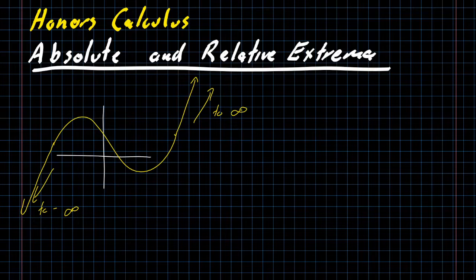So this function doesn't have extreme values on the entire real line. But we do have a peak here, and we do have a trough here. The idea of a relative extrema is a claim that we can cut a window so that the particular point is the extreme value, either the maximum or the minimum on that curve.